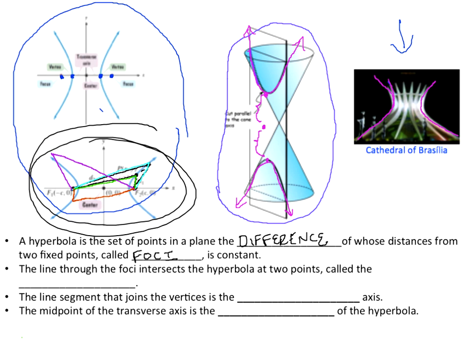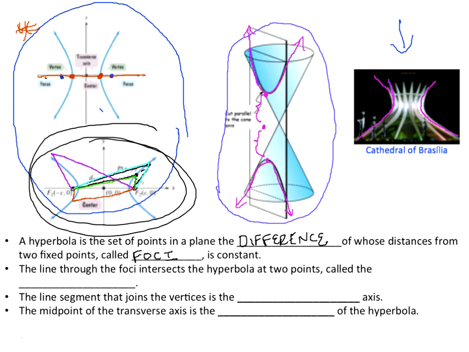So the line through the foci intersects the hyperbola at 2 points. So the line through the foci, let me get a different color and grab that orange again, and we'll look at this topmost illustration. The line through the foci intersects the hyperbola at 2 points.